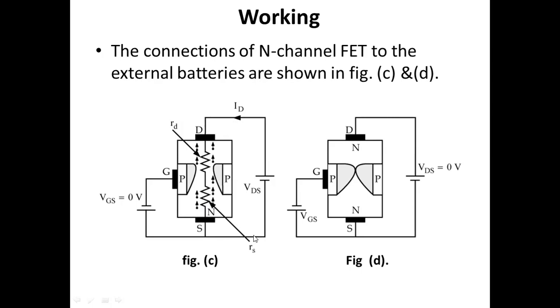The source is connected to the negative terminal of the battery and the drain to the positive terminal. So the negative terminal of the battery repels the electrons in this N channel.